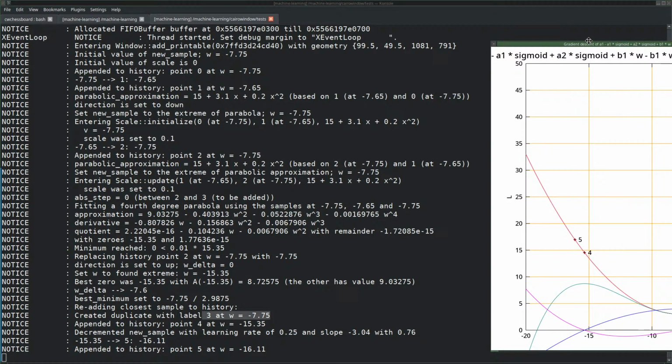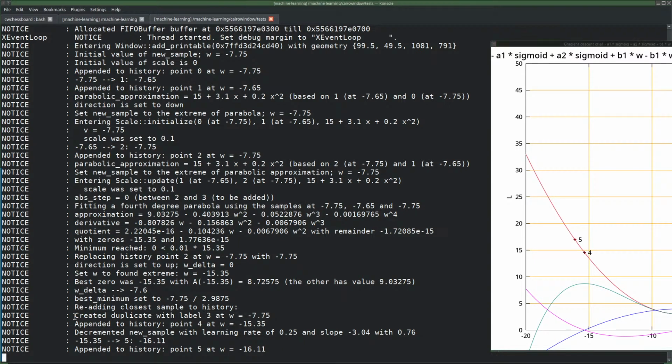I don't think 5's used yet. Oh yeah, I was falling over the duplicate.